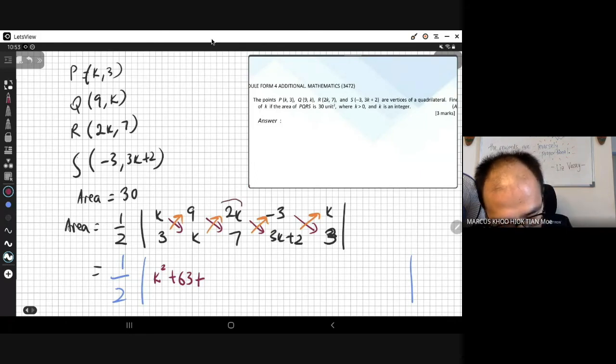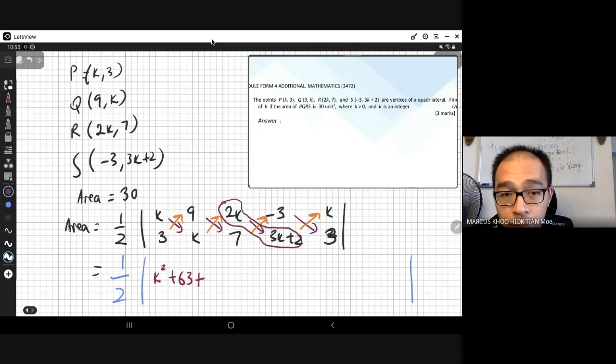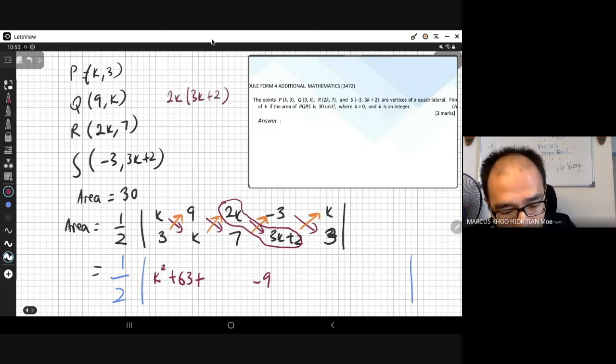This one, 2K times 3K plus 2. The rest is fine. Only this one. Minus 9. Yes, that's right. 2K times 3K plus 2. Can you multiply this correctly, please? Okay, 6K squared.